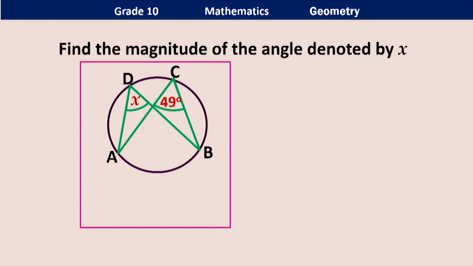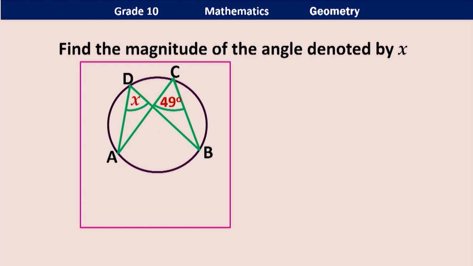Here I have got a circle and there are 4 points on the circle, A, B, C and D. They have given that the magnitude of angle ACB is 49 degrees and they want us to find the magnitude of the angle ADB, which is mentioned as X. Here we can observe that angle ACB and angle ADB are on the same segment of the circle.